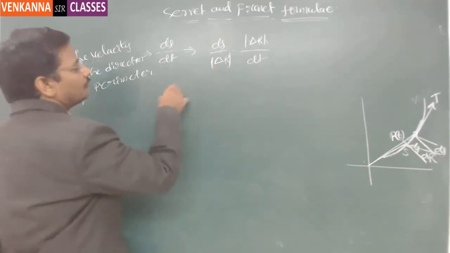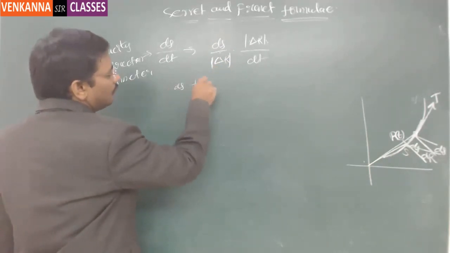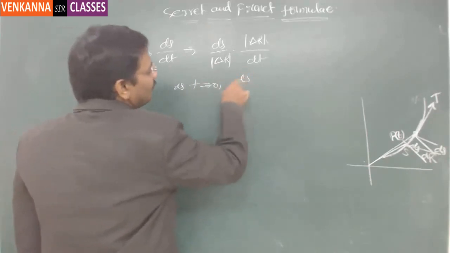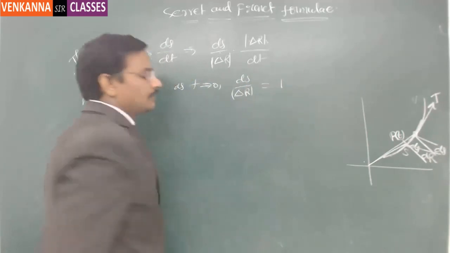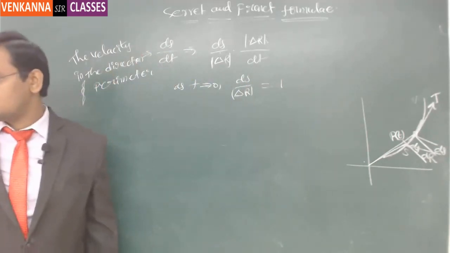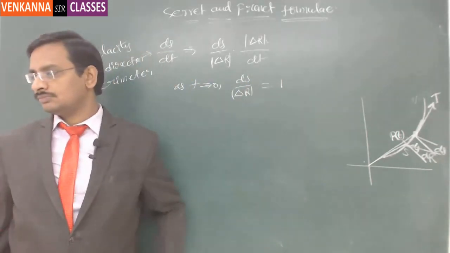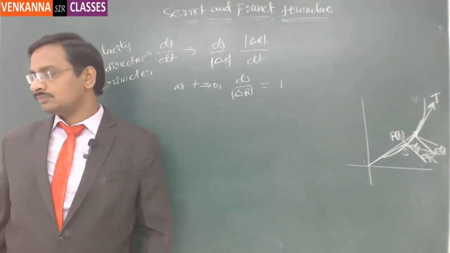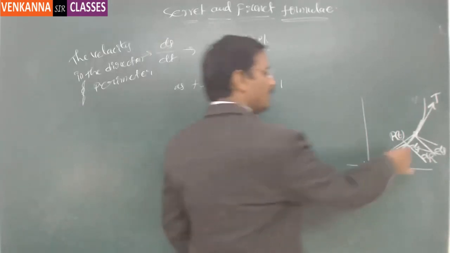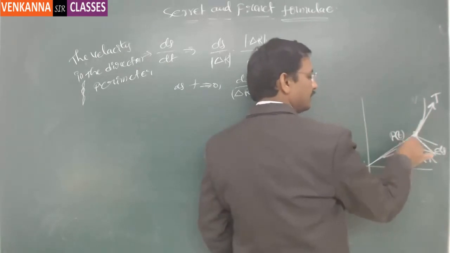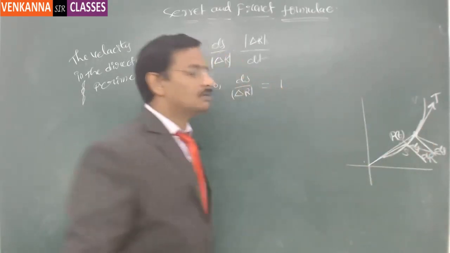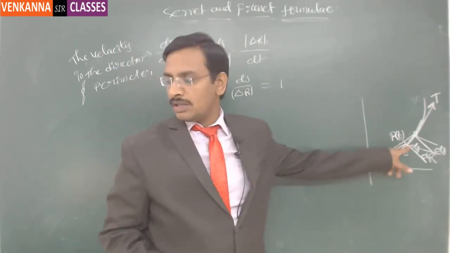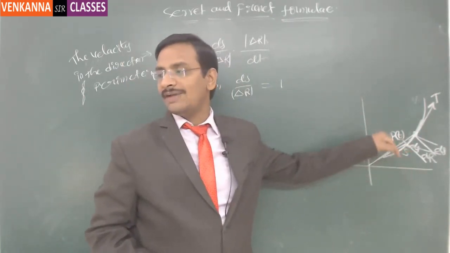So this ratio as t tends to 0, ds by delta r, will obviously be equal to 1. Yes or no? Because this is the arc length and this is the radius change. These two together will almost close one on top of the other, and they are equal as and when t tends to 0.